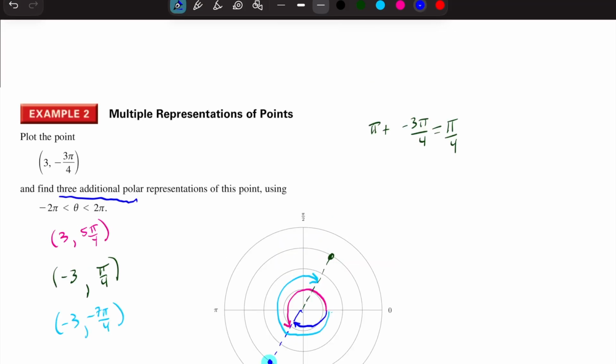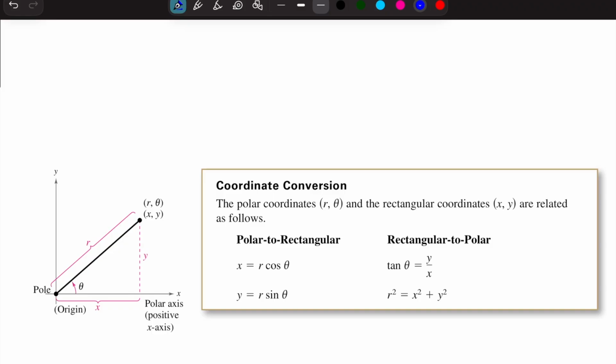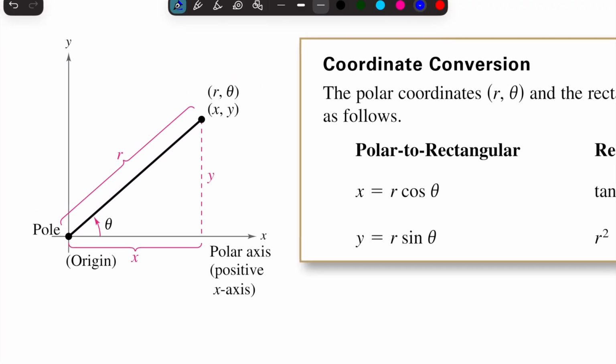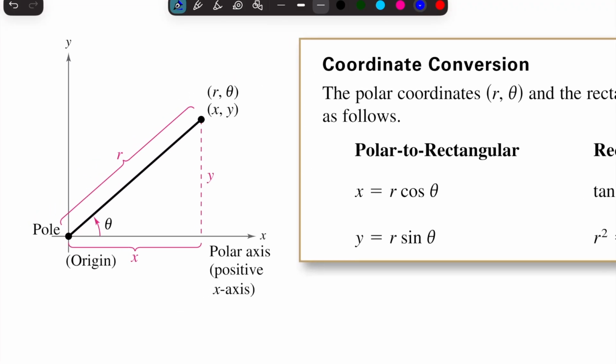All right, so let's see how to convert between Cartesian and polar coordinates. To do that, we're just going to lay the polar system over the Cartesian system. So we've got our xy axes here, and then I'm going to have the pole be the origin, and the positive x-axis is our polar axis. That's where we're measuring our angle from.